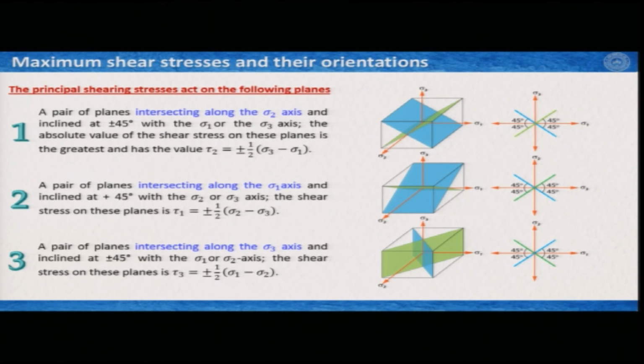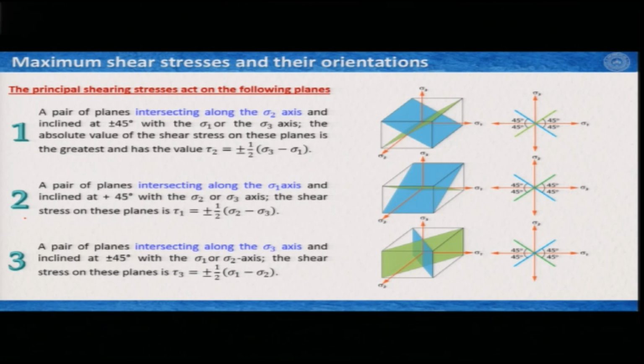Now, clearly I have 3 orthogonally oriented principal axes of stresses, and if I consider the shear stresses, then there are 3 possibilities, and these 3 possibilities are shown in point 1, 2 and point 3.